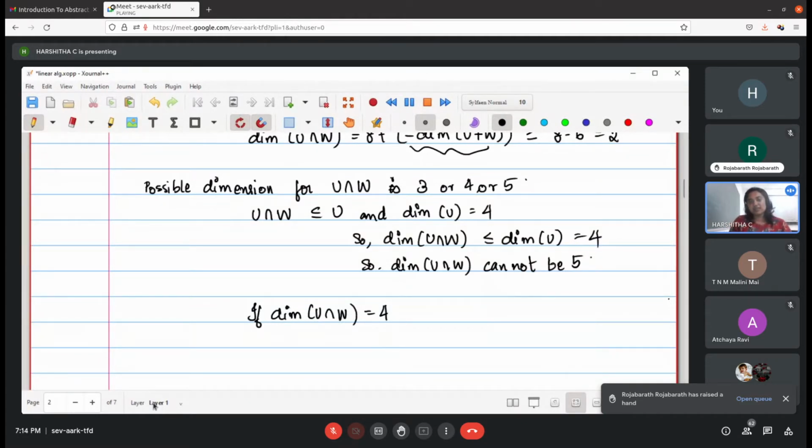So what can we say? What I'm saying is, if you have V and W, and the dimension of V is equal to the dimension of W, what does that mean? Can you conclude something from this?